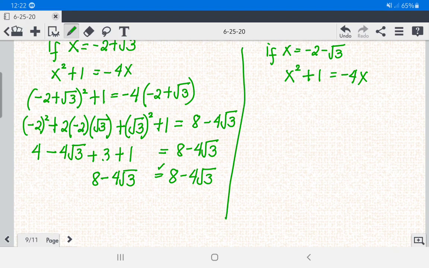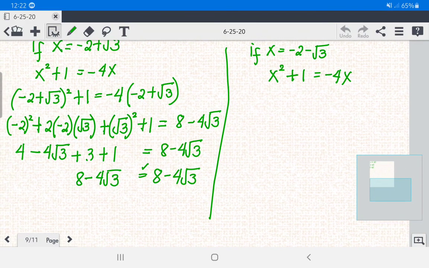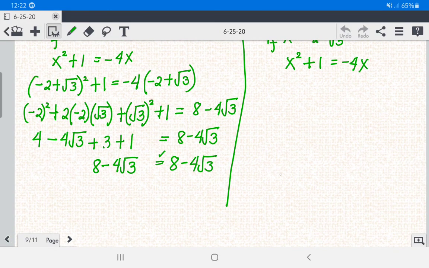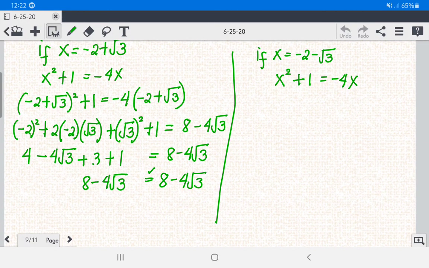So, okay, again, substitute, we have negative 2 minus square root of 3 squared plus 1 equals negative 4 times negative 2 minus square root of 3.